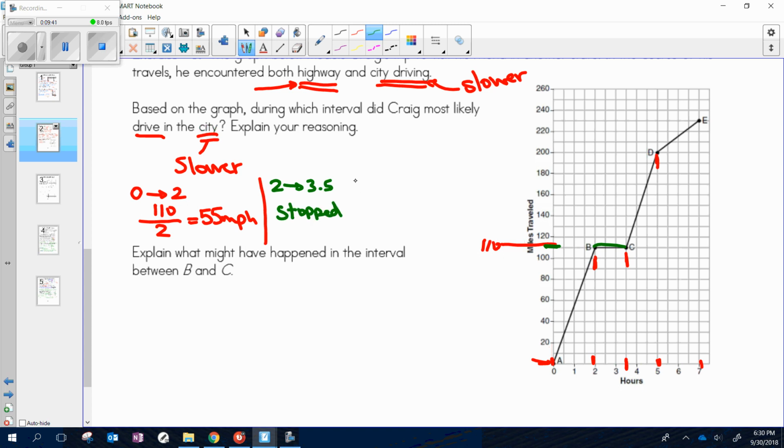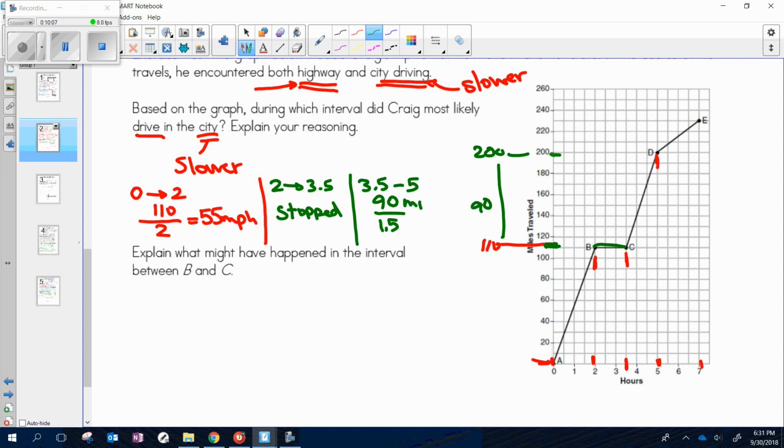His distance was constant. And then I looked at 3.5 over to 5, and I saw the change in his distance jumped up to 200 from 110, and that's a change of 90 miles in 1.5 hours.